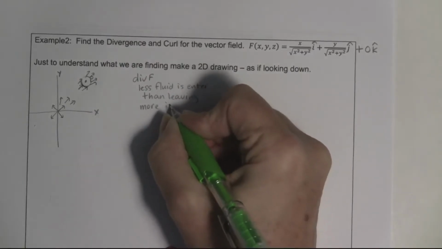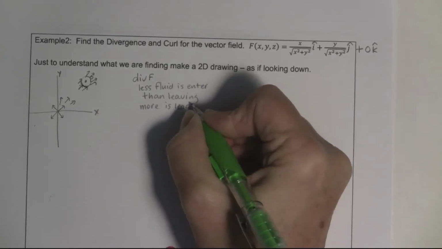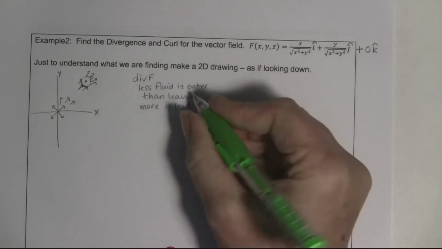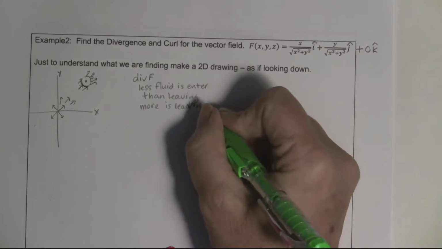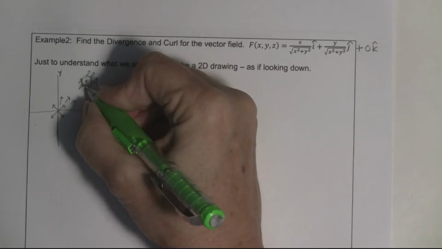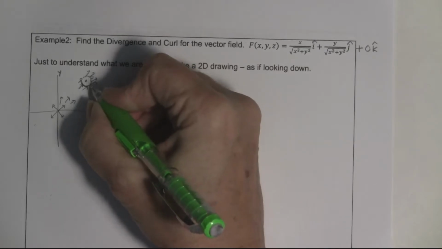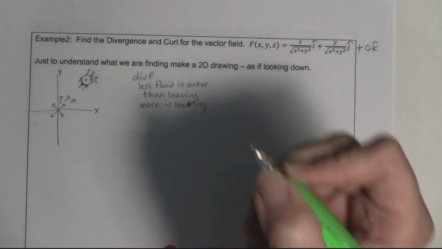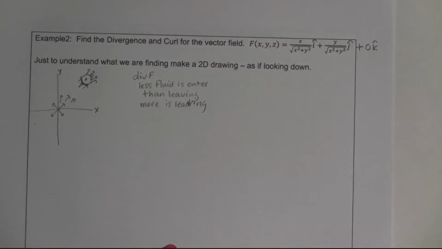More is leaving, because this is like a third of the circle, and then like 2/3 of the circle they're all length 1 going out.